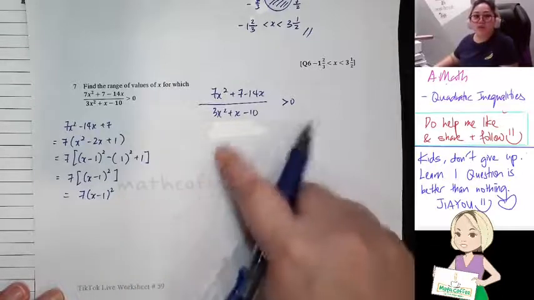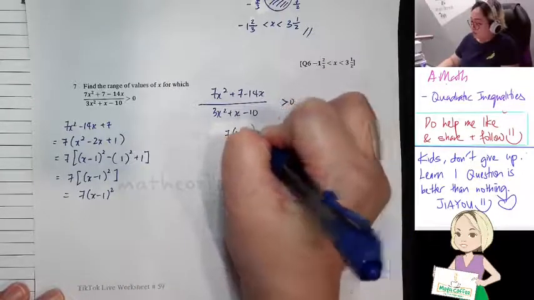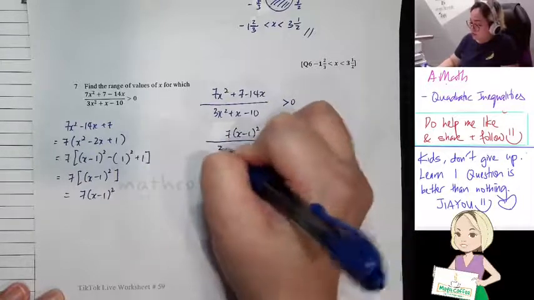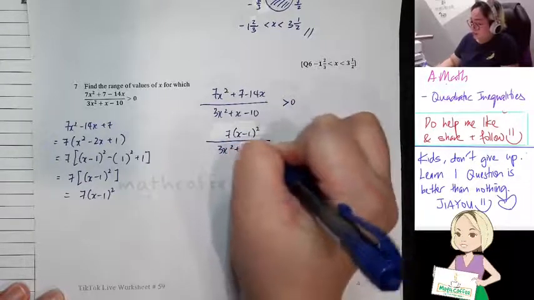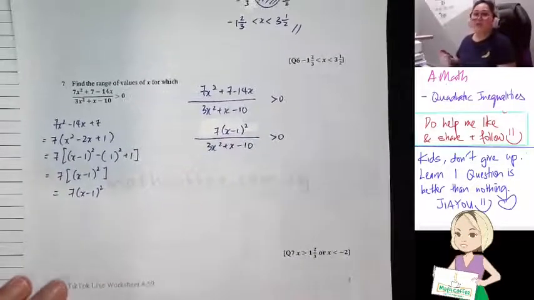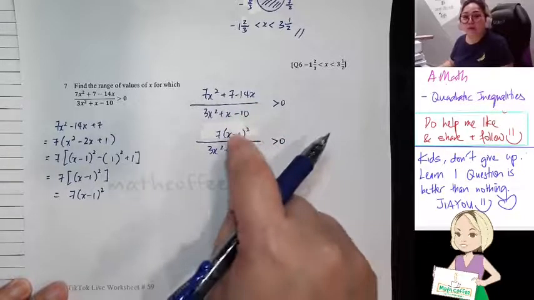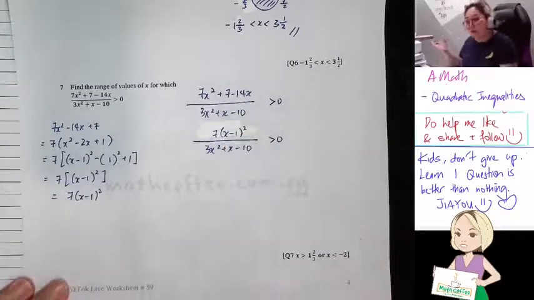So it means over here, you will say, oh okay, the top becomes 7(x minus 1) square over 3x squared plus x minus 10, more than 0. When you change the numerator to this form, the very popular expression (x minus 1) square is always positive.